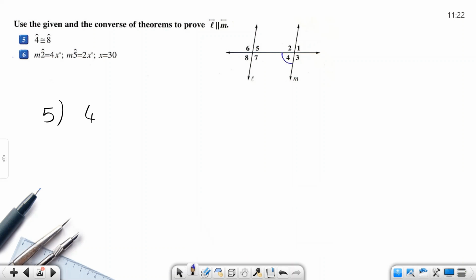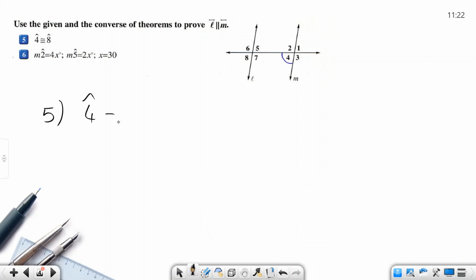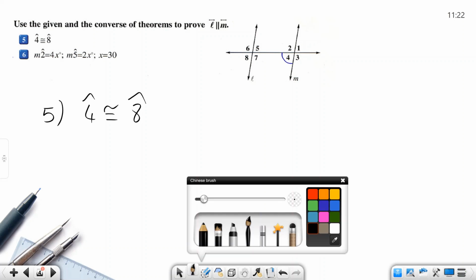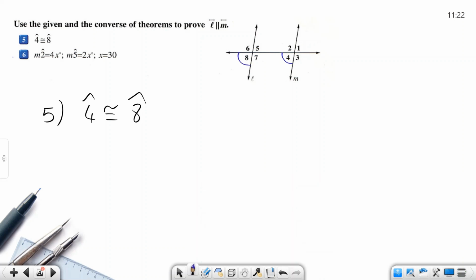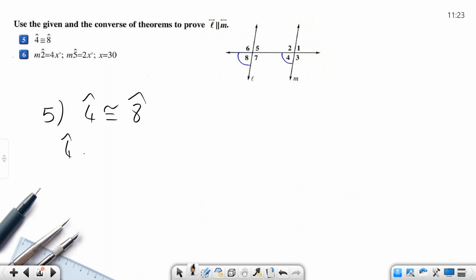That one. Angle 4 is congruent with angle 8. Where is angle 8 here? That one. Angle 4 and angle 8 are corresponding angles.